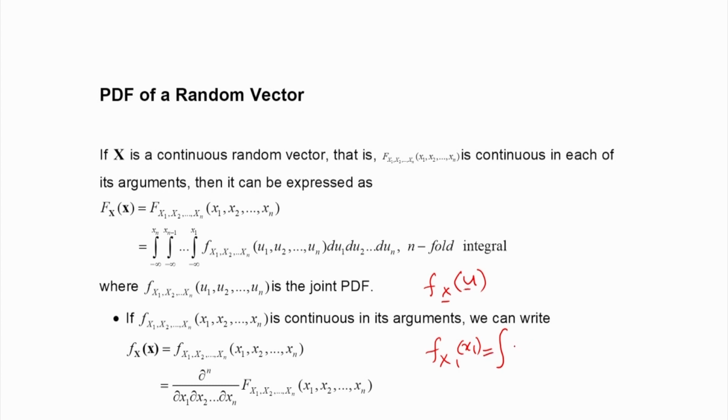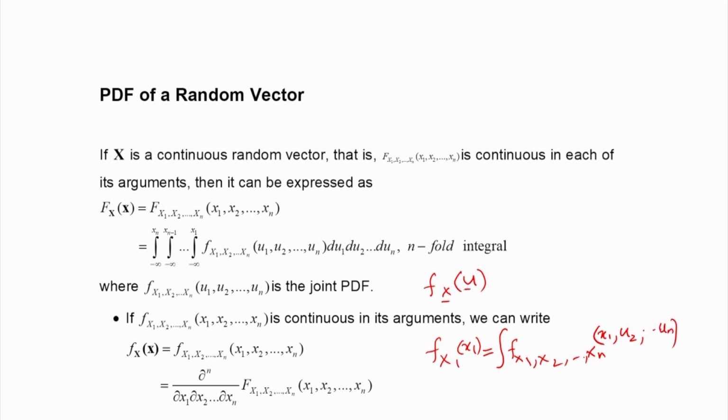So, we can write f_X1 X2 up to Xn, suppose, at point u1, u2 up to un.